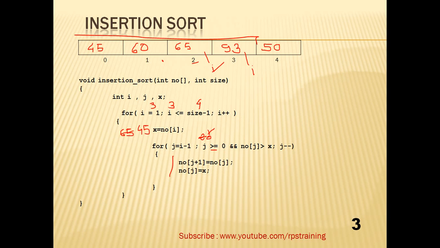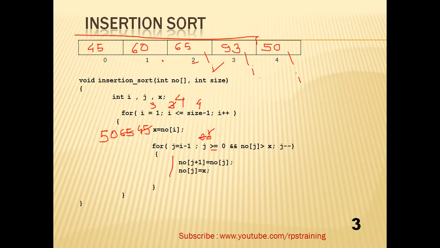i plus plus, i will be 4. 4 less than or equal to 4, last time. x equals to no i, that means i is 4. i is pointing here, and so x will be 50.